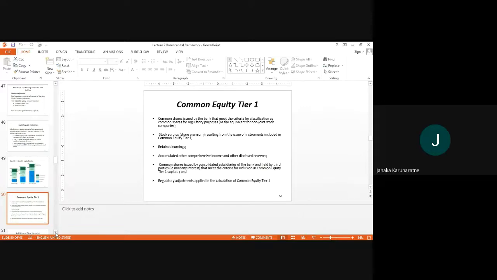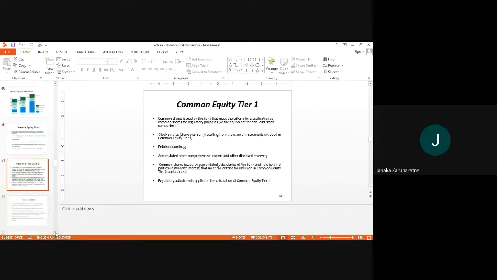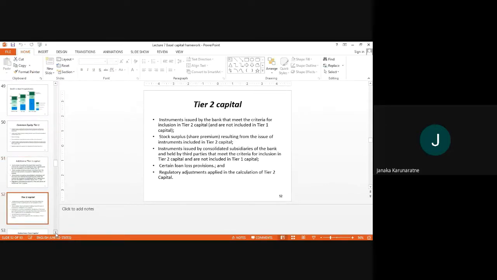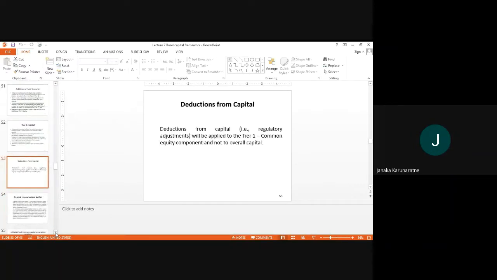There are so many items which Basel defines as Common Equity Tier 1 capital. Then for Additional Tier 1 capital, they have also given different eligible elements. I have given a brief description. Don't worry too much about it, but you can read through. Then Tier 2 capital. So all these definitions are given, what elements you can consider as Common Equity Tier 1, Additional Tier 1, and Tier 2 capital, right?